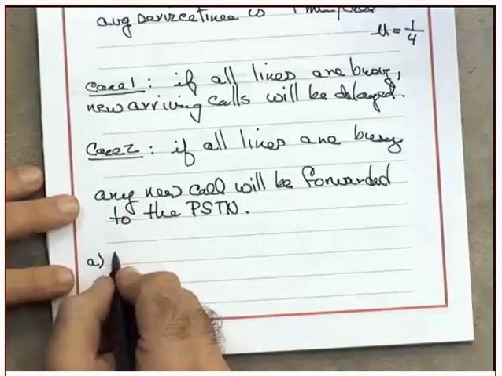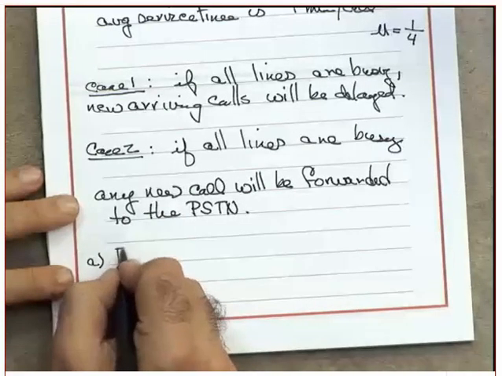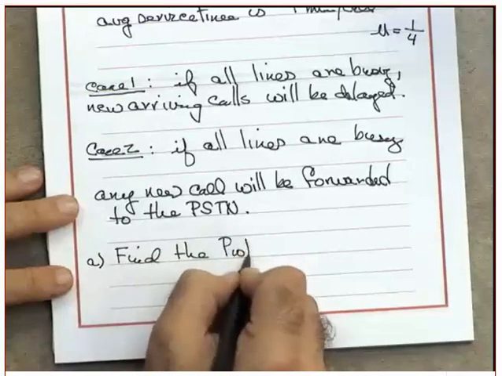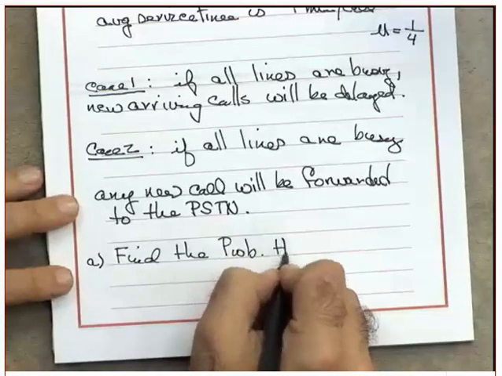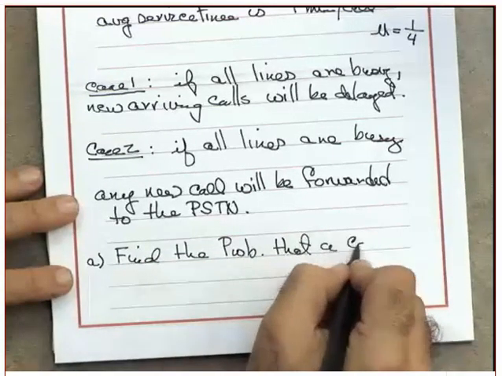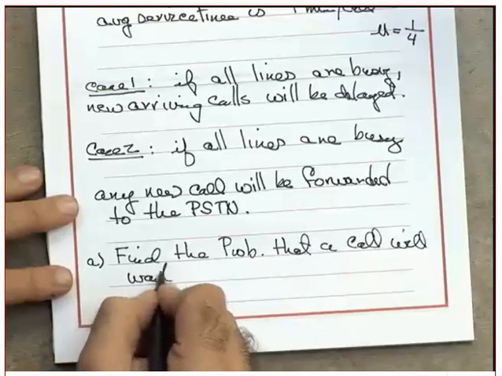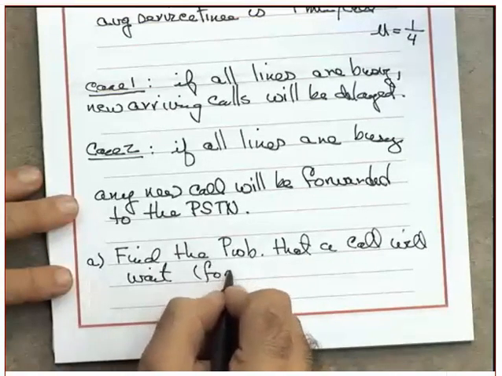A, find the probability that a call will wait. This is for model 1.